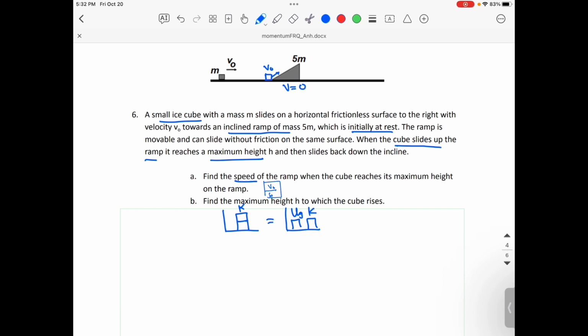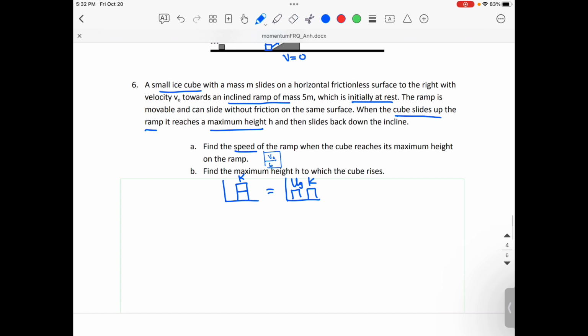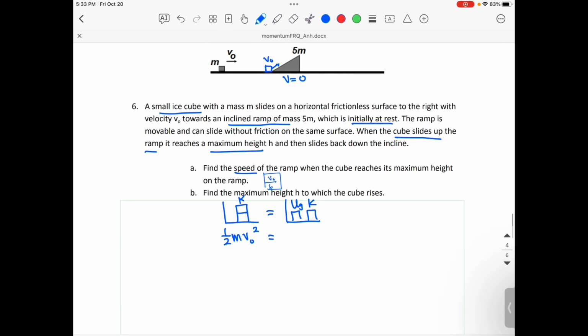This is conservation of energy. The initial energy is just of the block, one half m times v naught squared. Then when it reaches the top of the ramp, we have the height, mgh, plus the kinetic energy of the two objects moving together.